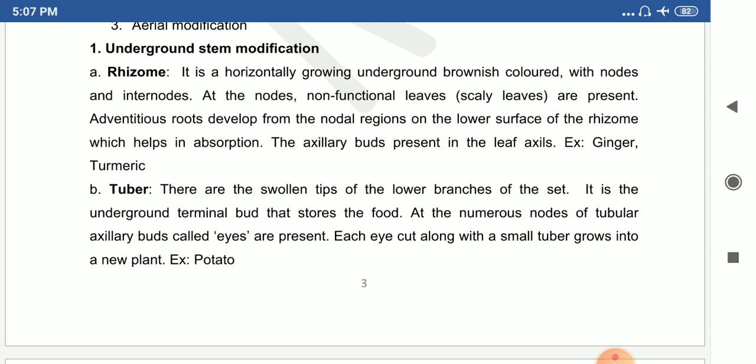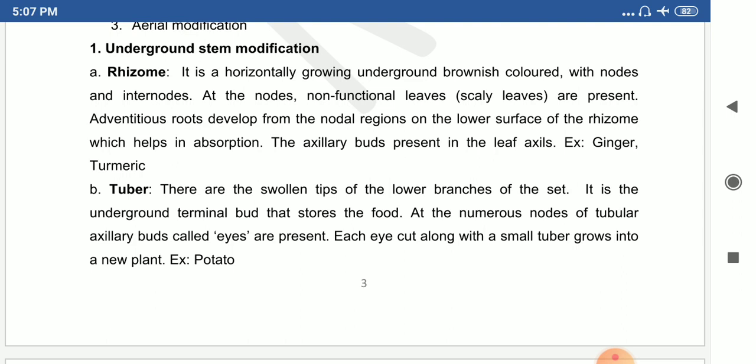Here the underground stem is modified for food storage, and it has a specialized structure. It consists of nodes and internodal regions, and is called a rhizome. The best examples are ginger and turmeric. Next one, tuber.